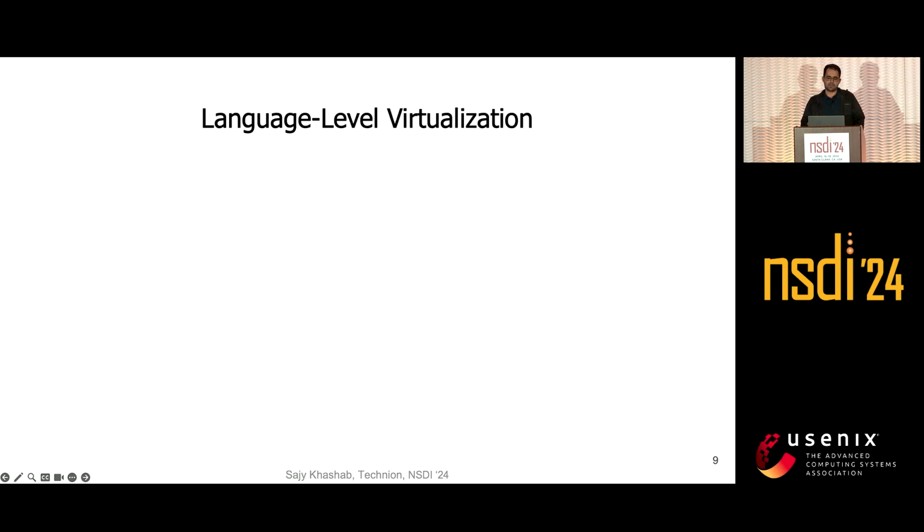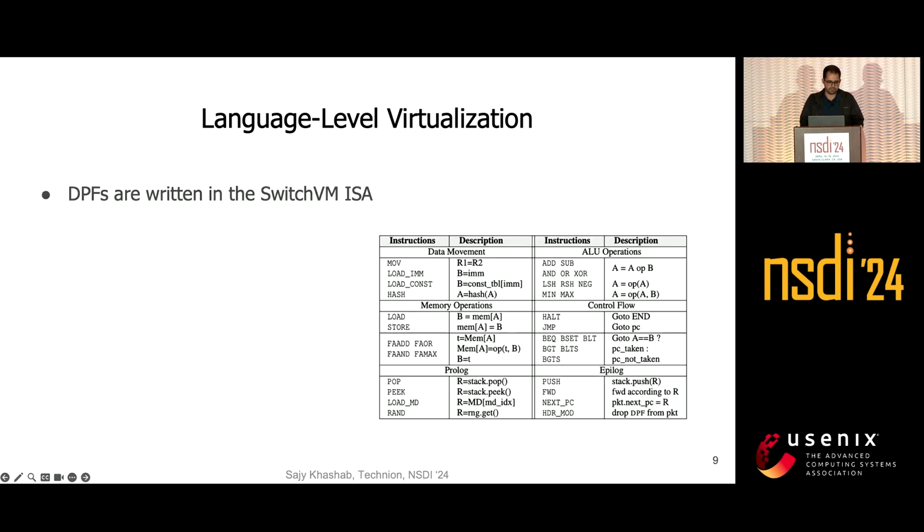Now, the key to implementing the sandbox is to use language-level virtualization. The DPFs themselves are implemented in a unified SwitchVM ISA instead of the switch's native language. This is just a RISC-like ISA with a few additional instructions specific to SwitchVM. It's actually Turing-complete, which I will discuss later.